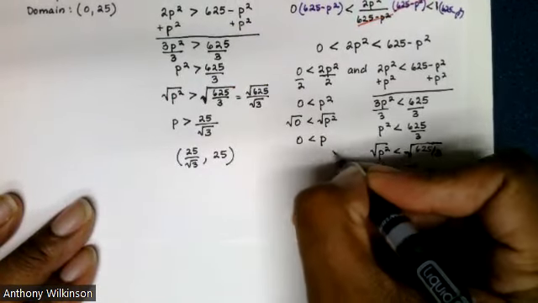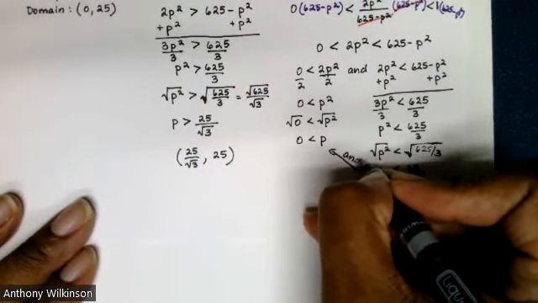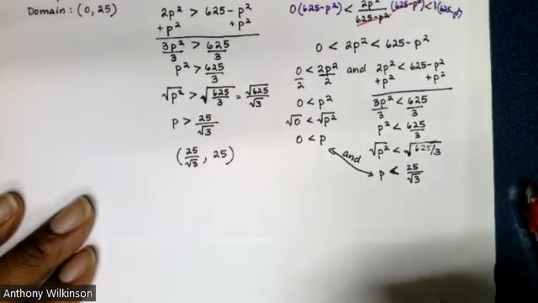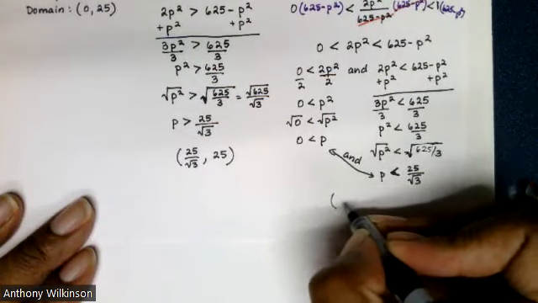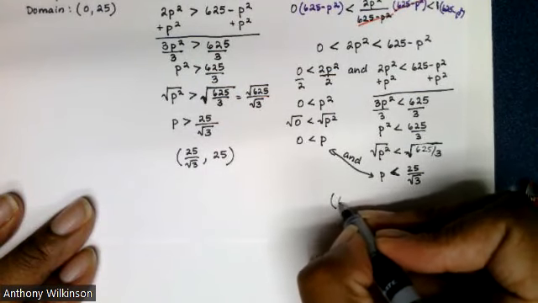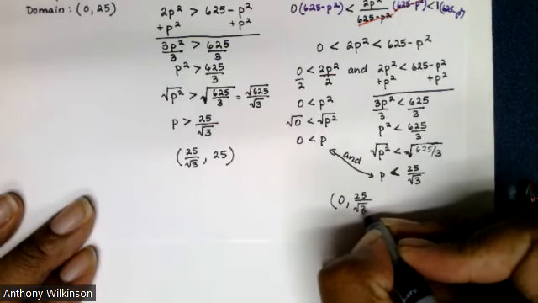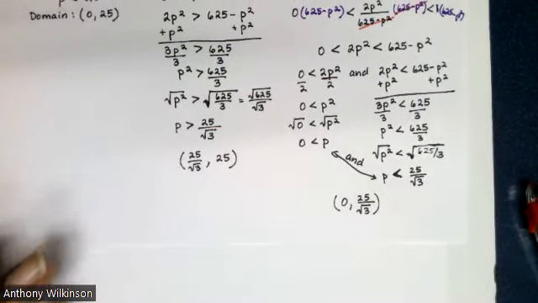This includes the word "and." That means that p is greater than 0 but less than 25 over the square root of 3. And that interval would be written like this: 0, 25 over the square root of 3.